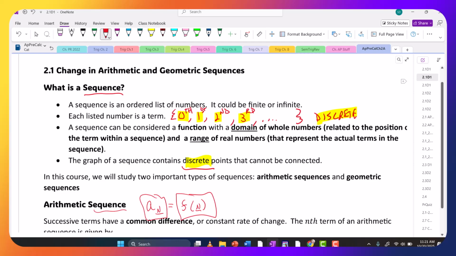Don't get scared of that word. What it means is our inputs are only integers. Day 1, day 2, day 3. They're not decimals. And that's what a sequence is. You have a first term, a second term, a third term, and you actually have to plug in 3 into some formula to get the third term. That's how it works. Okay, so that's what we're going to be working on today.